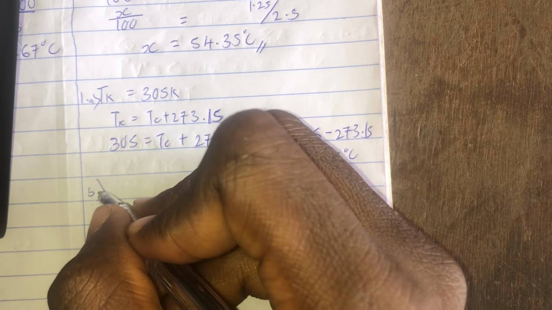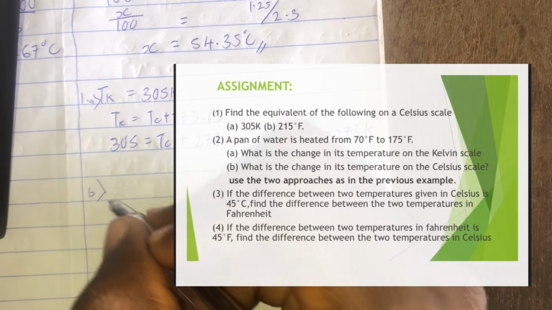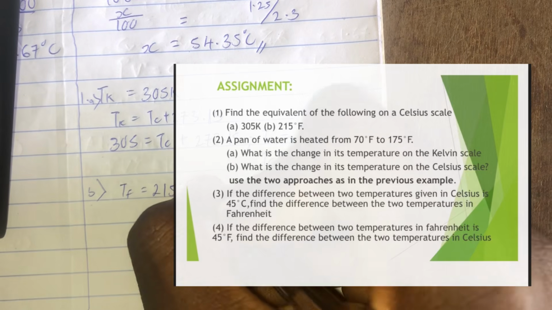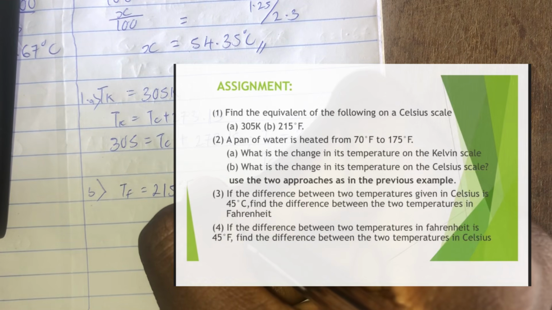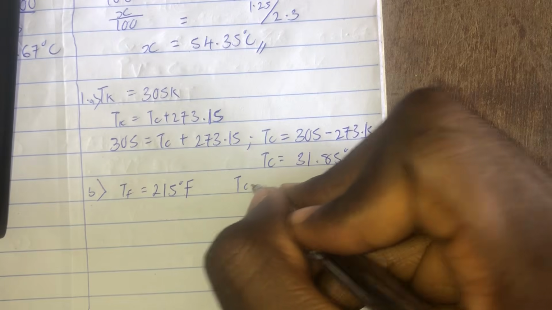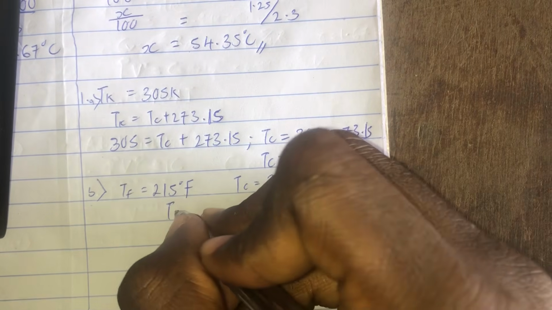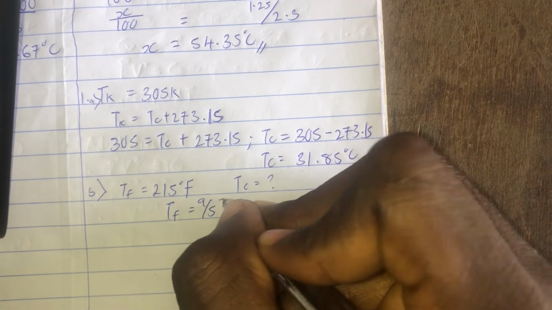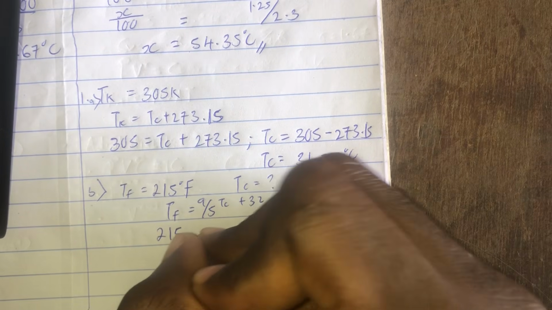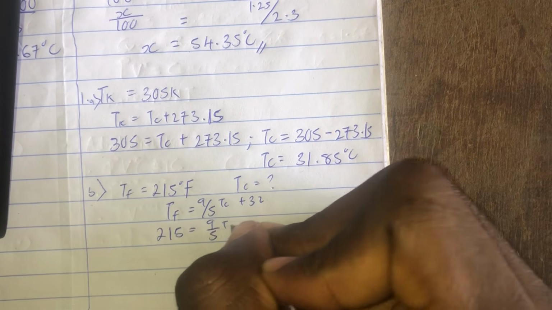Then 1B. They gave us Fahrenheit to be 215 Fahrenheit, and we should find the value in Celsius. We all know the formula TF is equal to 9 over 5 TC plus 32. TF is going to be 215, equal to 9 over 5 TC plus 32.